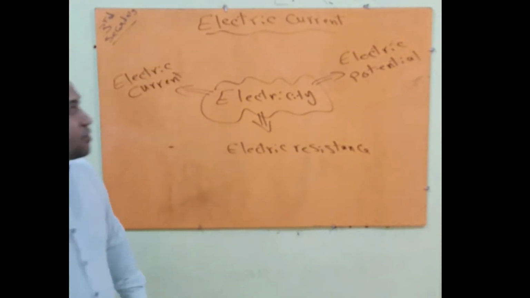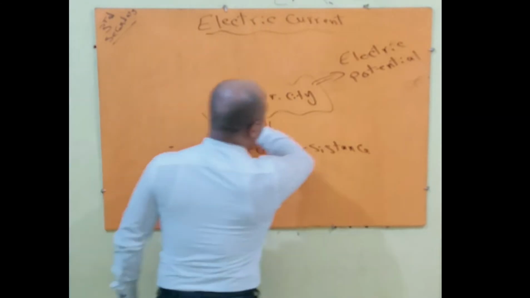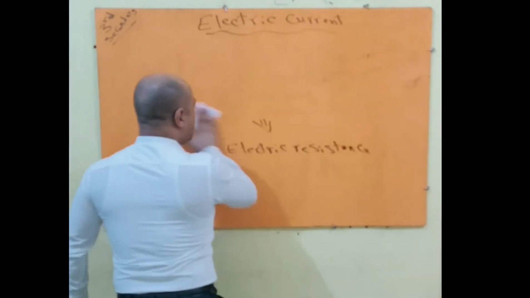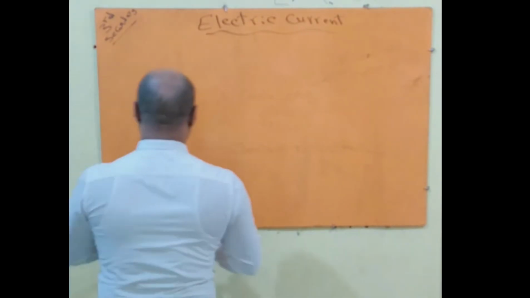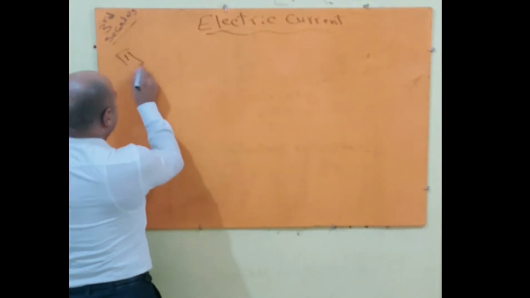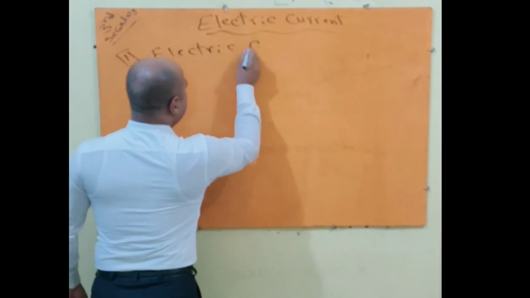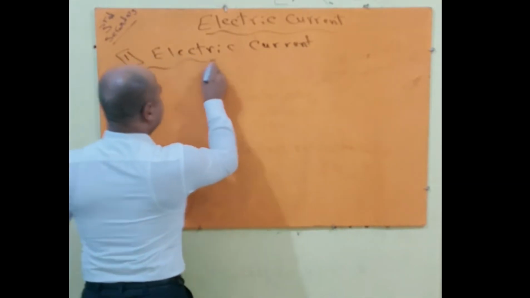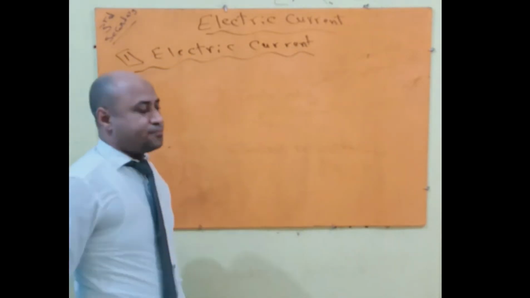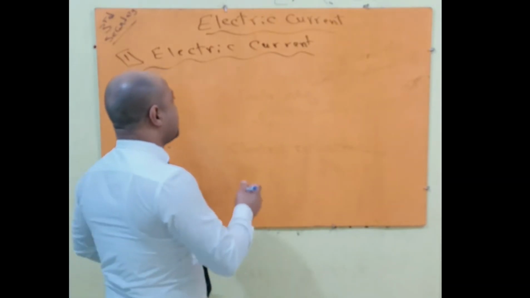Now we are going to talk about the first concept, which is electric current. Actually, what's meant by electric current? Now we are going to define the electric current, then explain what's meant by it.